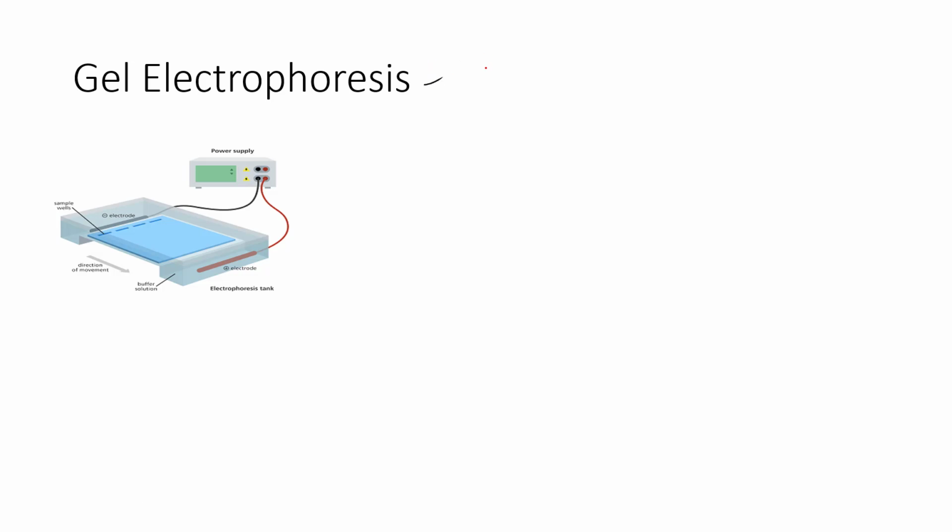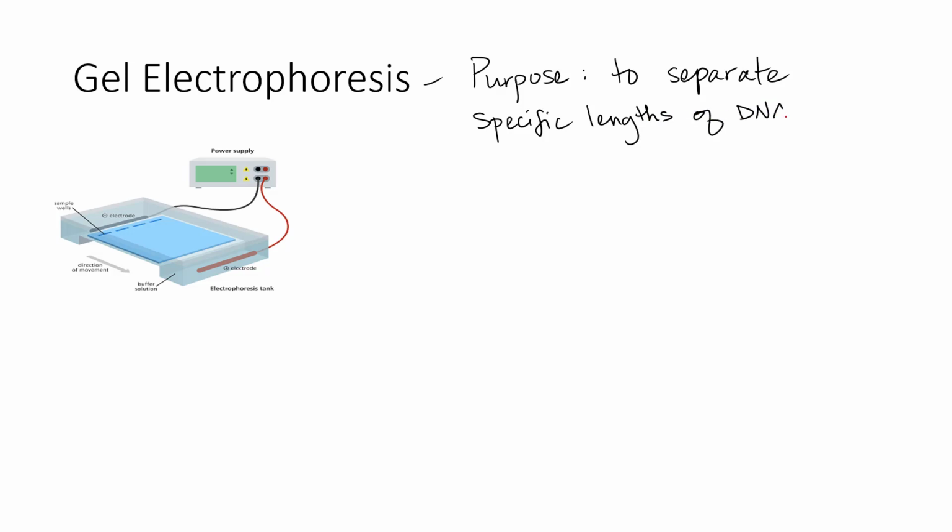So gel electrophoresis, the purpose of this technique used in a biotechnology lab would be to separate specific lengths of DNA by size. And so we do this by using something called a gel.